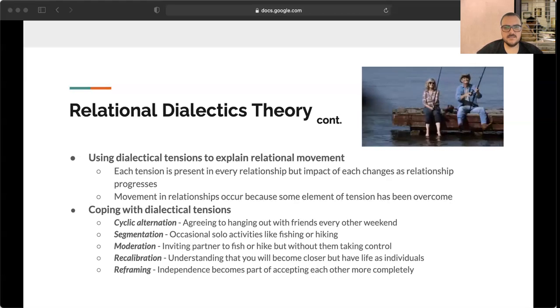The last is reframing, and rather than seeing it as a threat, you see independence as becoming a part of accepting each other more completely. And relationships are permanent tensions, and you have to develop and apply coping strategies if these relationships are to succeed.